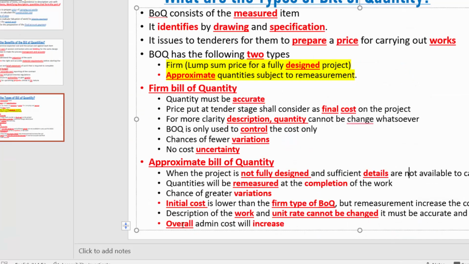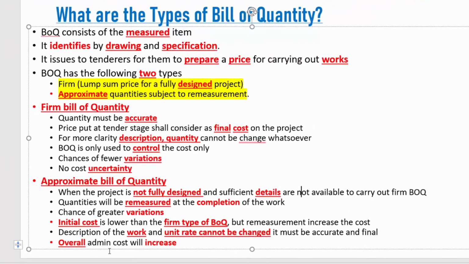So overall admin cost will increase. What is admin cost?